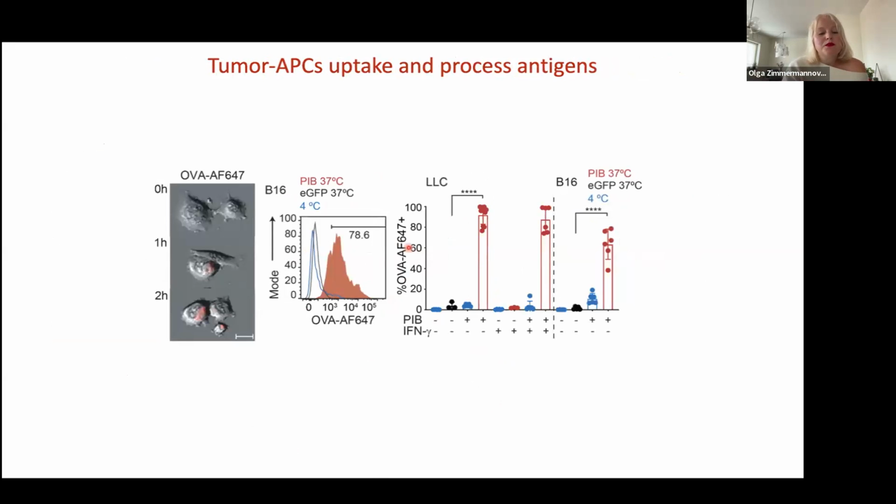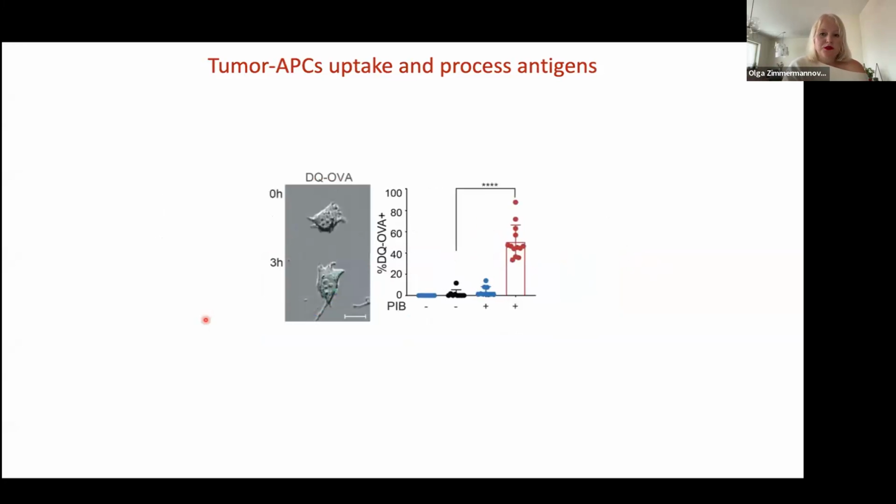Furthermore, we also demonstrated that the reprogrammed cells are able to engulf small proteins and particles from the media, as documented here by the uptake of fluorescently labeled ovalbumin, here in red on the pictures, and that they can also process those antigens, as we document by the detection of cleaved DQ-OVA in the reprogrammed cells.